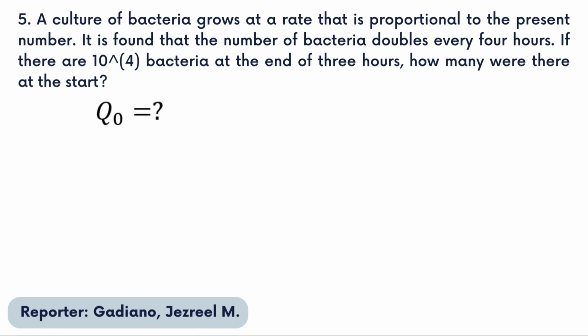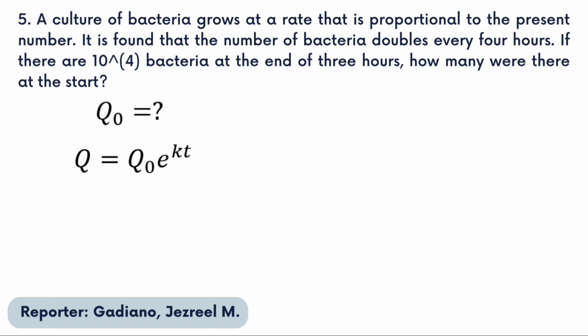After solving our relative growth rate or the K, hahanapin na natin si initial quantity, knowing that there are 10 raised to the 4th power amount of bacteria after 3 hours. And 10 raised to 4 is the same as 10,000. Recall lang natin ulit yung general formula for our growth problems. Q is equal to Q sub 0 times E raised to KT.